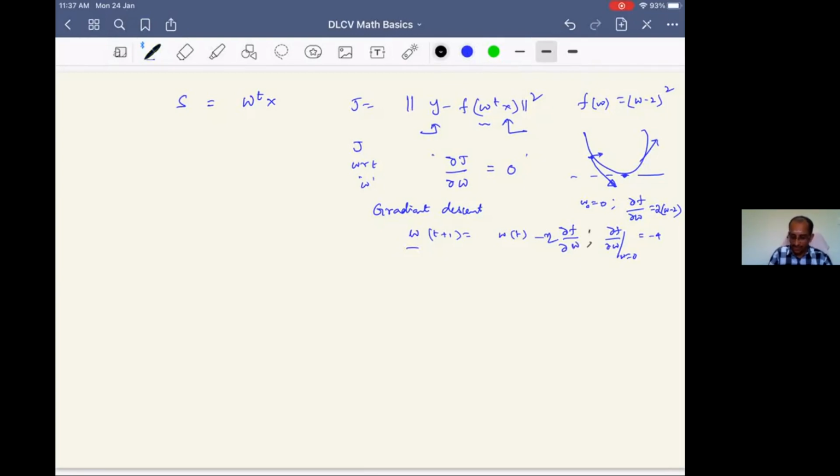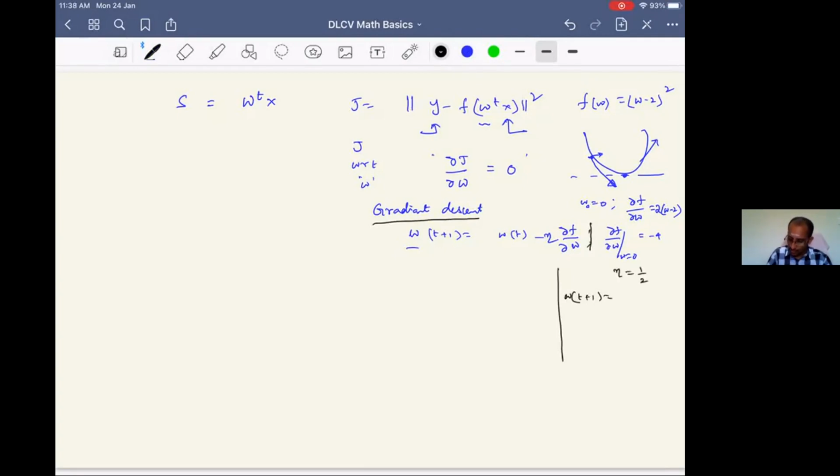Now if we apply gradient descent here, where do we move? w t plus 1 is equal to, where were we before? Assume eta equal to 1 by 2.